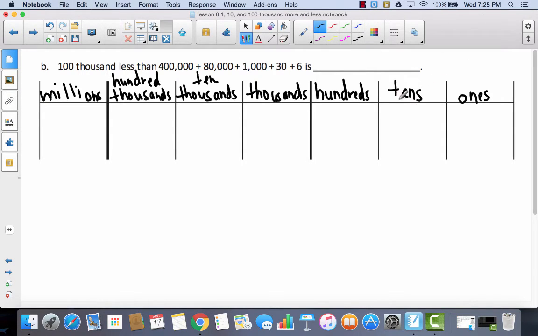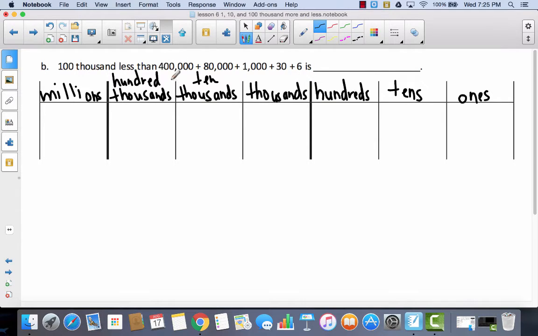You should have ones, tens, hundreds, thousands, 10,000s, 100,000s, millions. This time it says 100,000 less than 400,000 plus 80,000 plus 1,000 plus 30 plus 6.